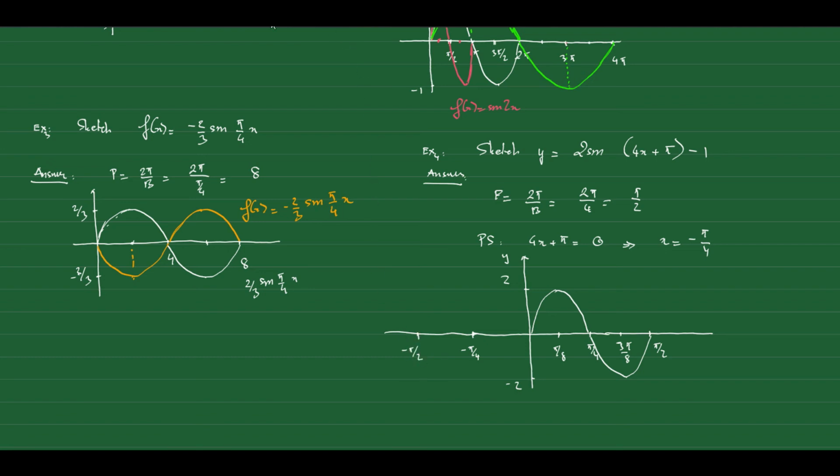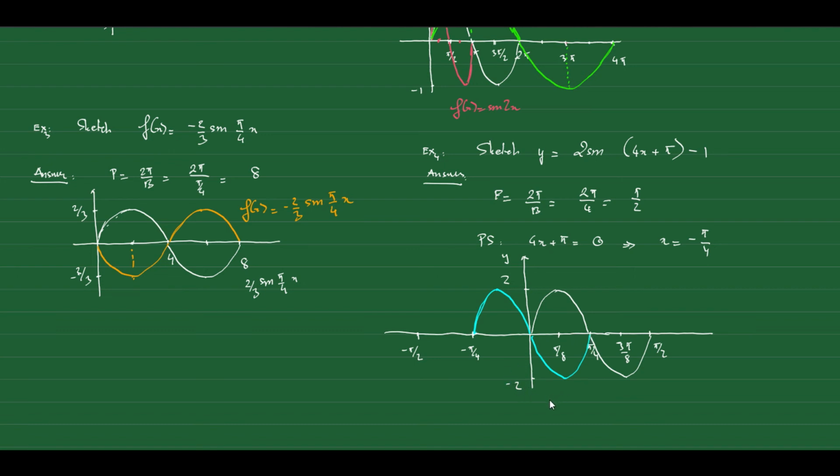Now let's move everything to the left. This becomes this, this becomes that, and this one becomes this. Just move pi over 4. And the part over here, we come down here. So this is after we move it to the left.